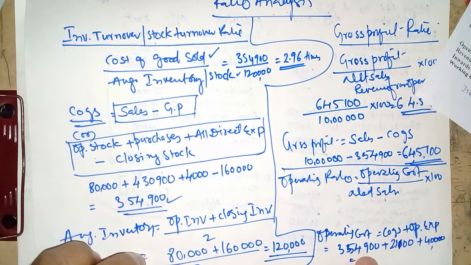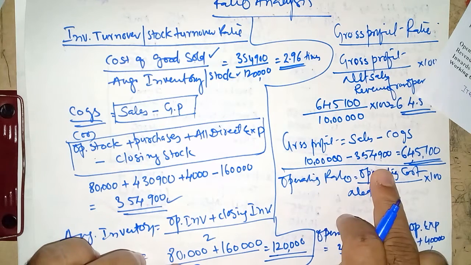The summation comes to how much? 3,54,900 plus 21,100 plus 40,000. The expenditure total comes to 4,16,000. This is our operating cost.